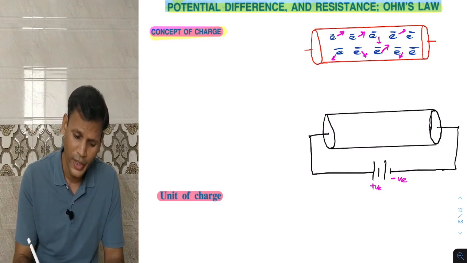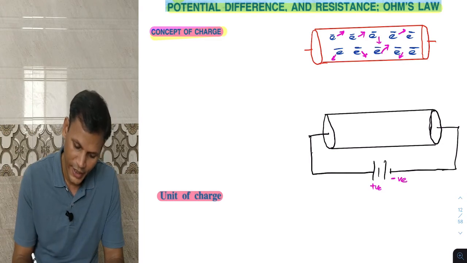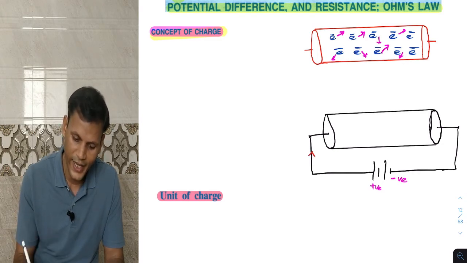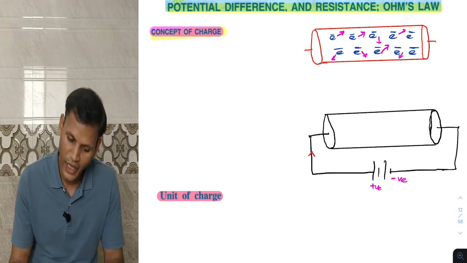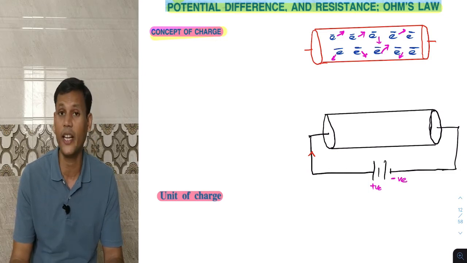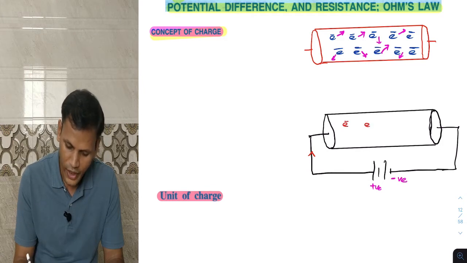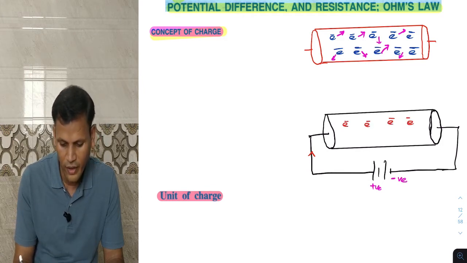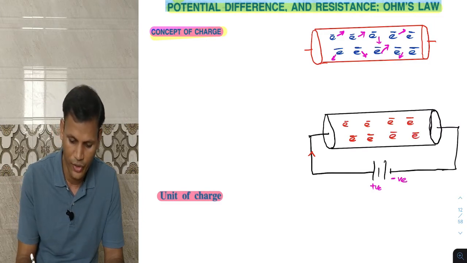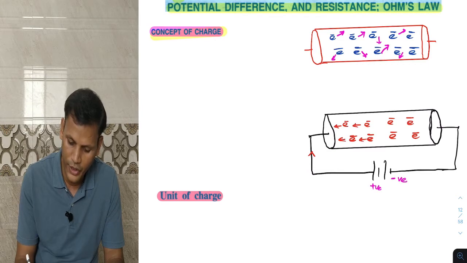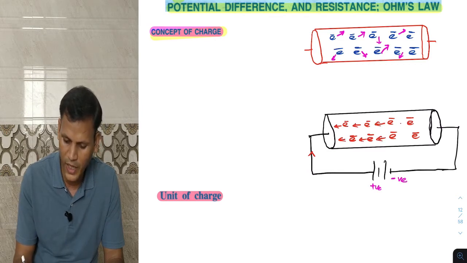We know the direction of current is this one, and the direction of flow of electrons is opposite to the direction of flow of current. So each electron's flow becomes specific.